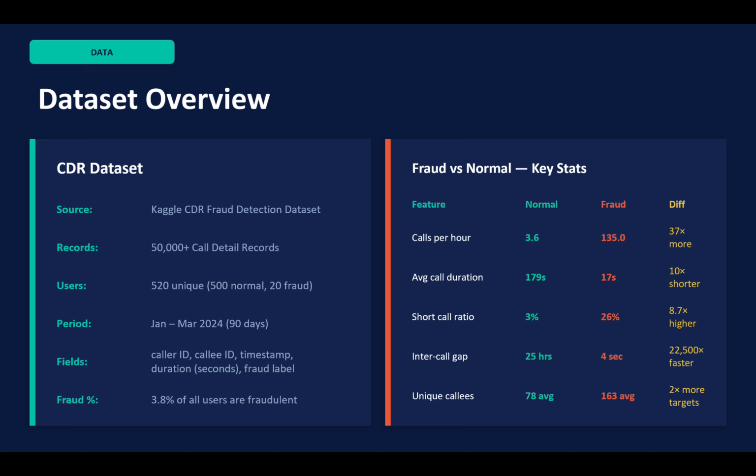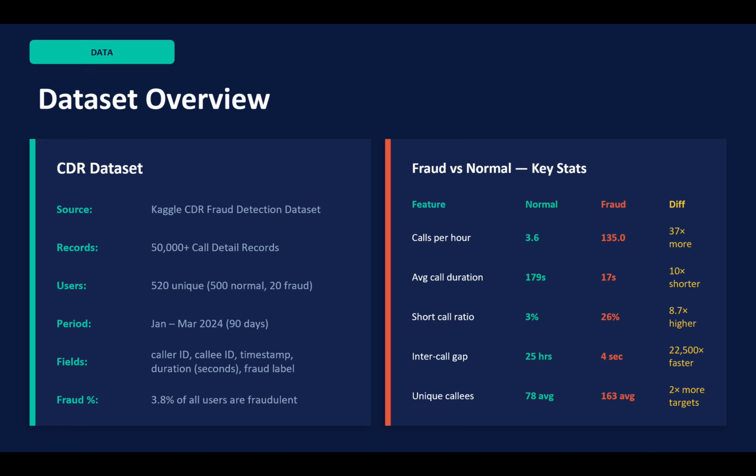But essentially it was close to 50,000. And there were about 520 unique users, 500 normal, 20 fraudulent. That's about 3.8% of all users being fraudulent in this data, which is pretty realistic for a real telecom network.